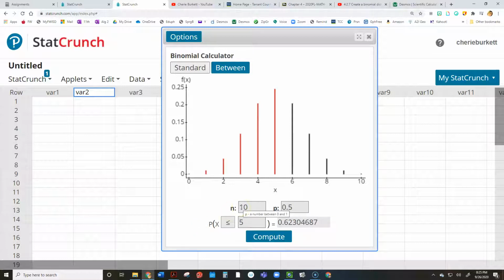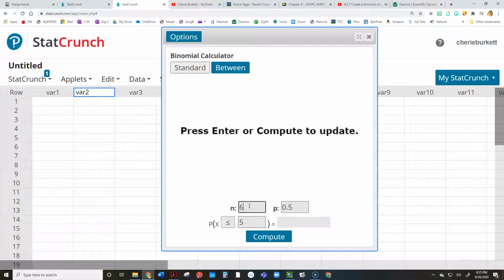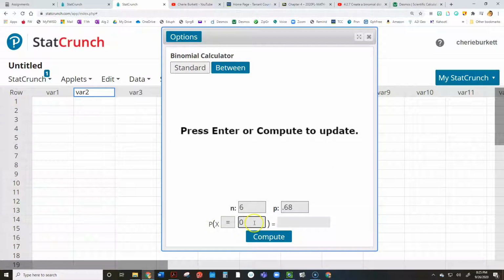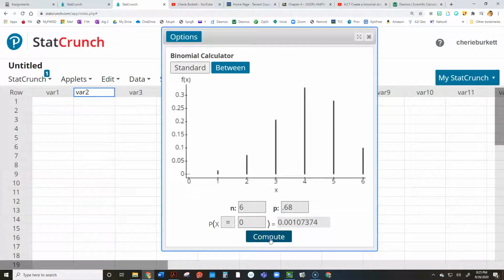So for our problem, we asked 6 adults the question, and the probability of success was 0.68. And then what we are asking it to do is find out exactly how many for 0.